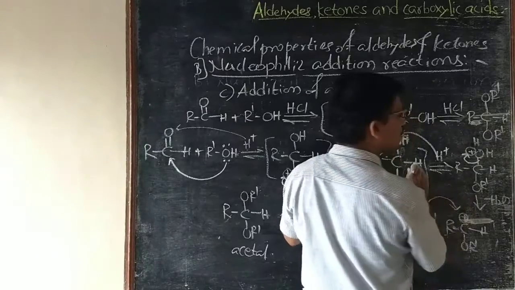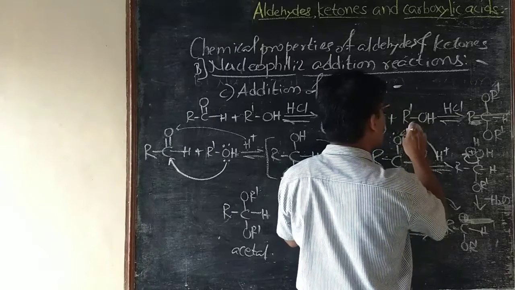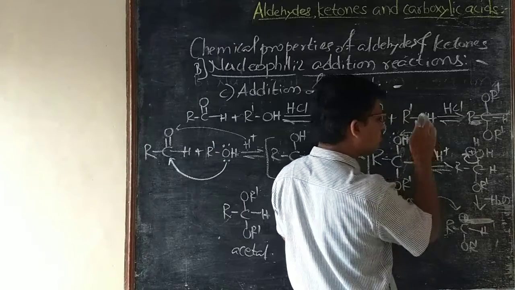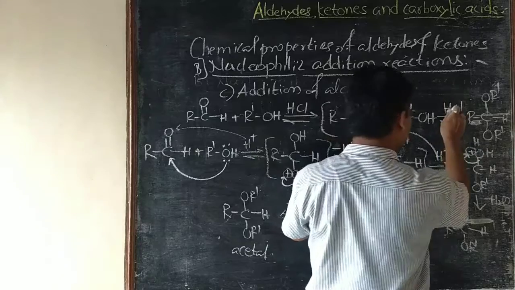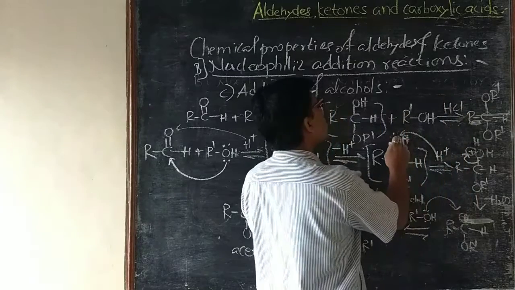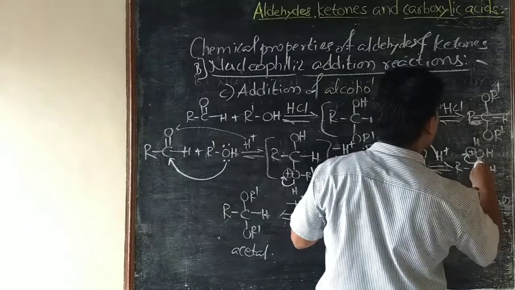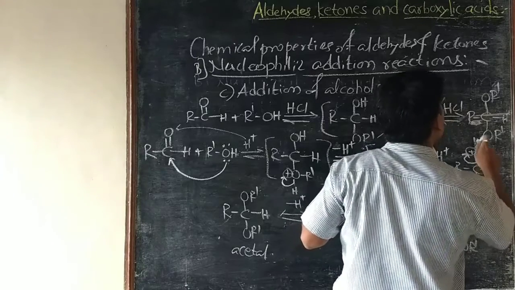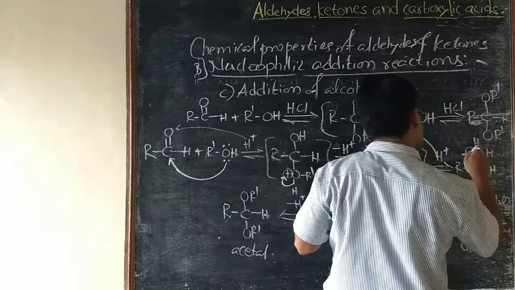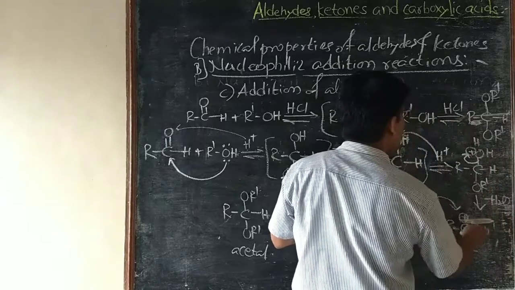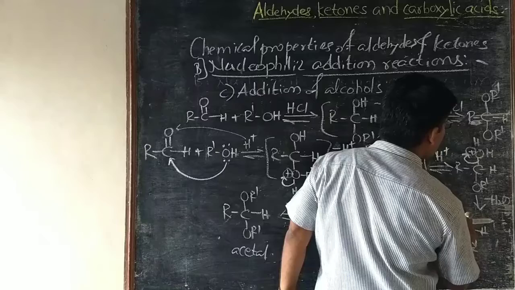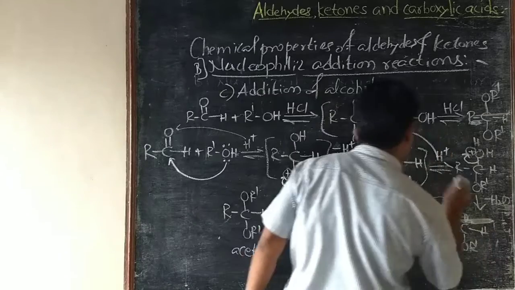This hemiacetal further reacts with one molecule of anhydrous monohydric alcohol in presence of HCl. Then this goes to this OH and here it forms this molecule, and here this H2O goes with its electron pairs, and remaining part, that is RC plus H and OR prime.